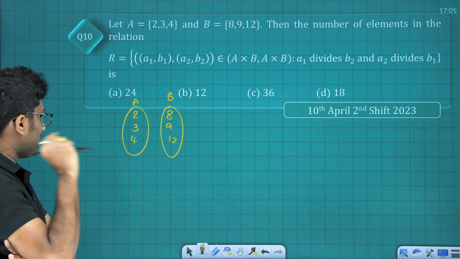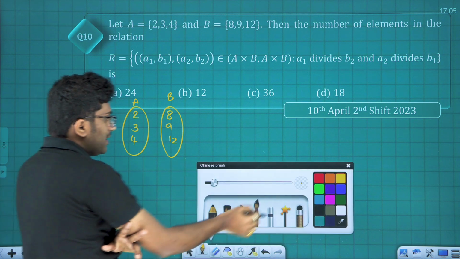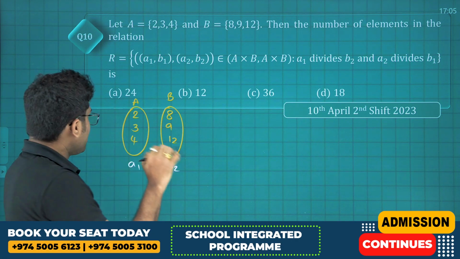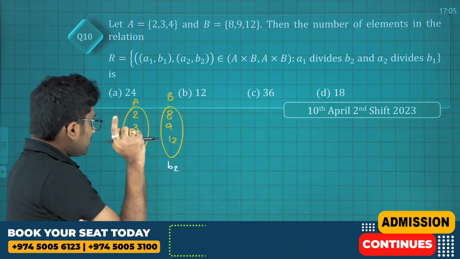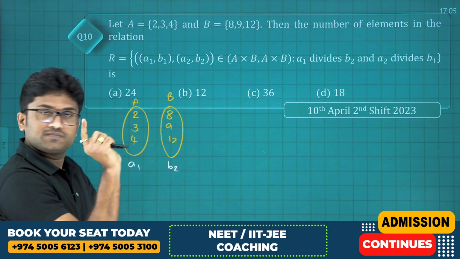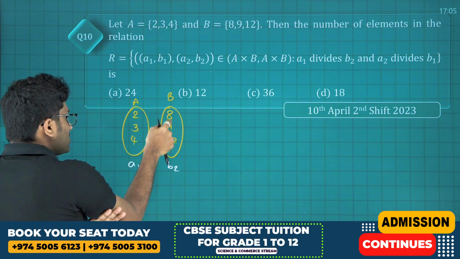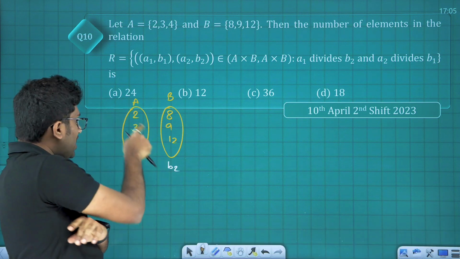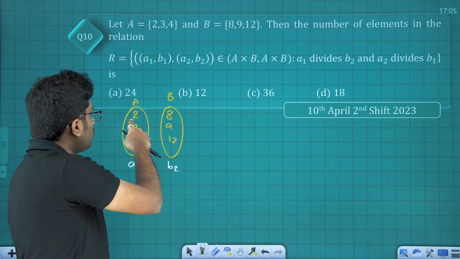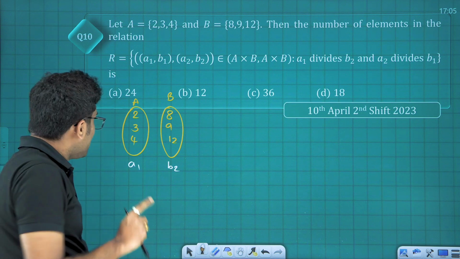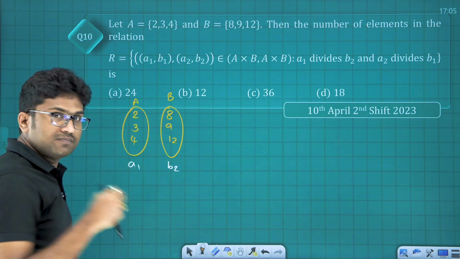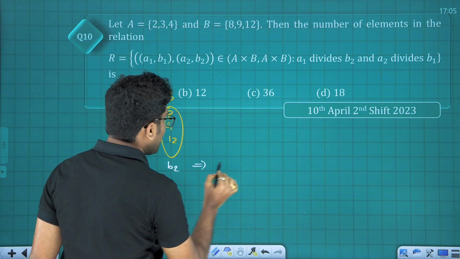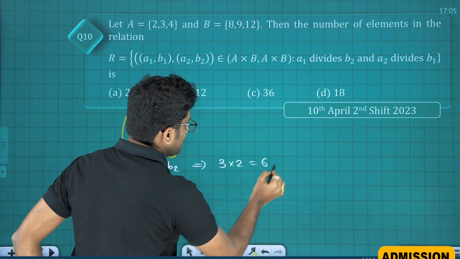So that means a1 divides b2 means a1 should be taken from A, b2 should be taken from B. See, friends, 2 divides 8, 2 divides 12, 3 divides 9, 3 divides 12, 4 divides 8, 4 divides 12. So each element of A can pair up with 2 elements in B. That means 3 twos are 6. So with (a1, b2) we get 3 into 2, 6 elements.